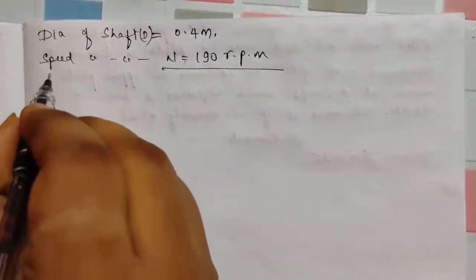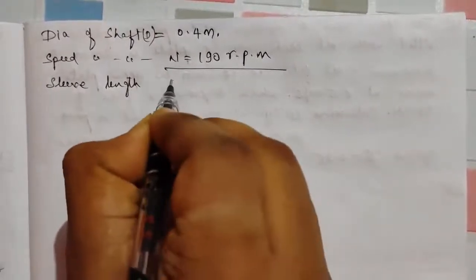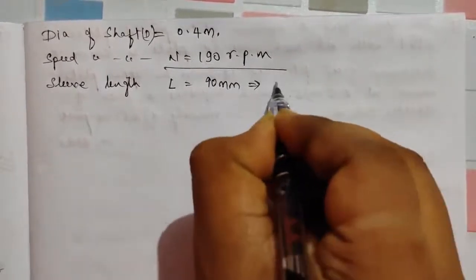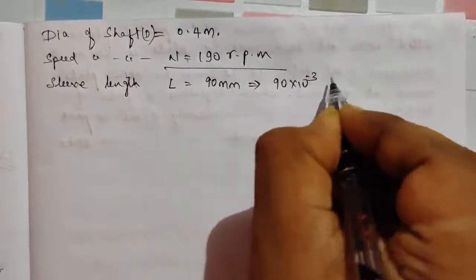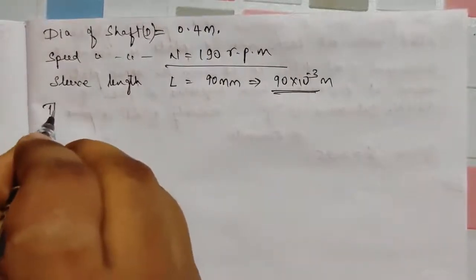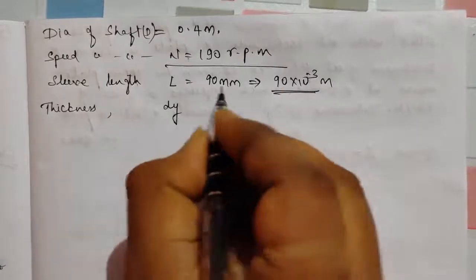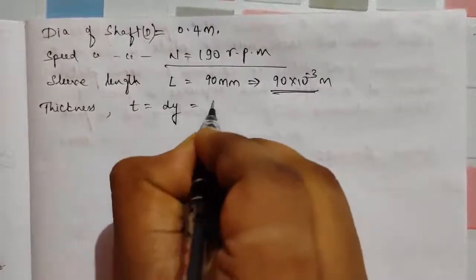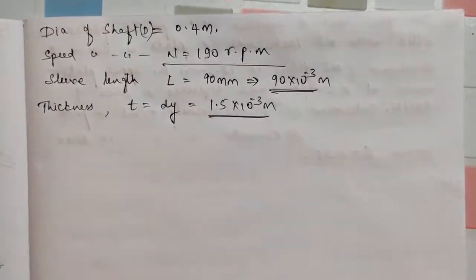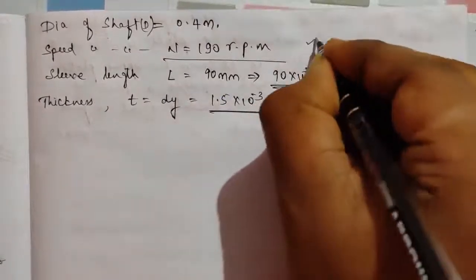Then sleeve length, I'll take this as L, 90 mm. For SI unit, 10 power minus 3 meter. Next, the thickness of the film, that I'll take as dy or t, 1.5 into 10 power minus 3 meter. Okay, I have these values.